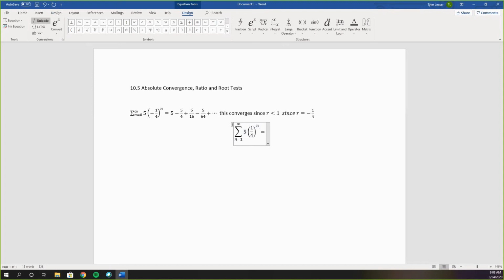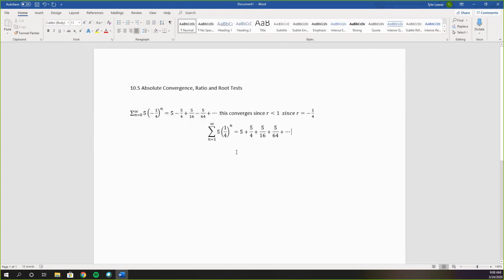It's the same series, just that instead of having those negative terms that alternate, we're going to have just positive terms the whole way down. But this series, compared to the other series, it's still a geometric series, and it's still going to converge as n goes to infinity, because my r value is less than 1.